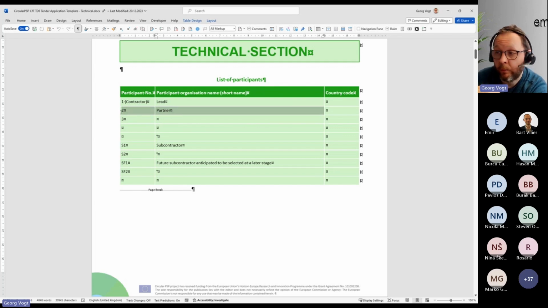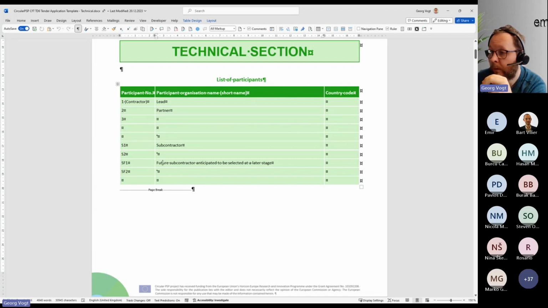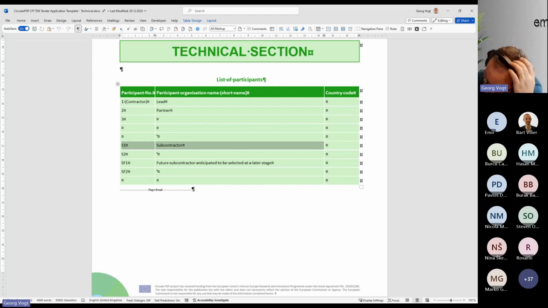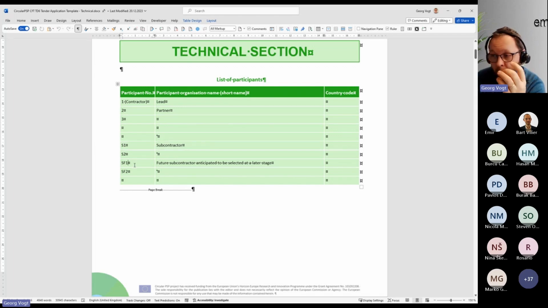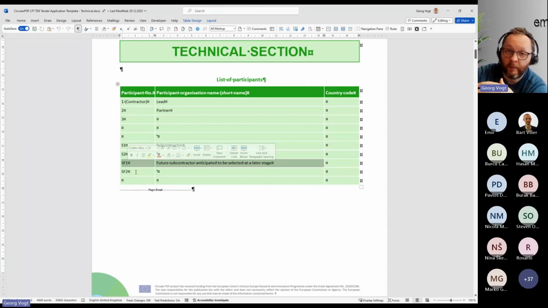You don't have to have partners, basically people who share the liability with you to develop the solution, and take certain roles in your project. You might, but not have to, have subcontractors which provide certain specific elements of your solution which you need to describe. And it might be that you foresee subcontractors at later phases.